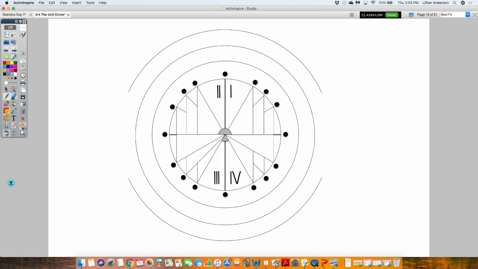And then you can use the reference angle that we did at the very beginning of the period to find the next set of degrees. And if you haven't found a pattern yet for your radians, you always have the formula to convert. So for the next 15 minutes, I want you guys to complete your unit circle with the remaining degrees, the remaining radians, and the remaining ordered pairs.